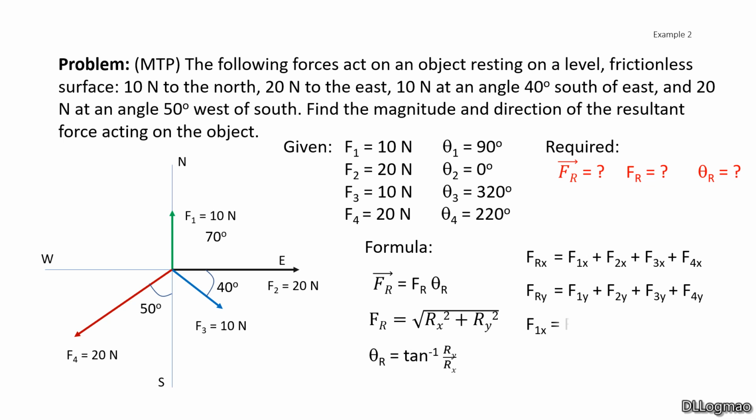To determine the components of its force, the x component is the product of the magnitude of the vector and the cosine of the direction from the positive x-axis. The y component of its force is the product of the magnitude of the force and the sine of the direction from the positive x-axis.